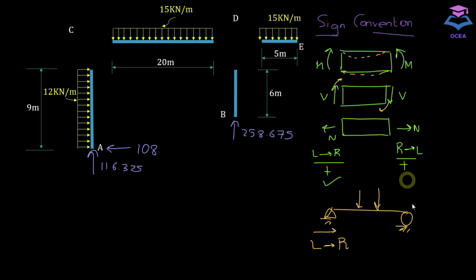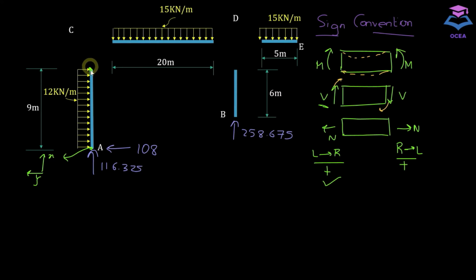And if we want to solve this beam going from right to left, like this, you'll take these sign conventions as positive. The idea is to get the same shear force and bending moment diagram, whether you draw it from here or from here.